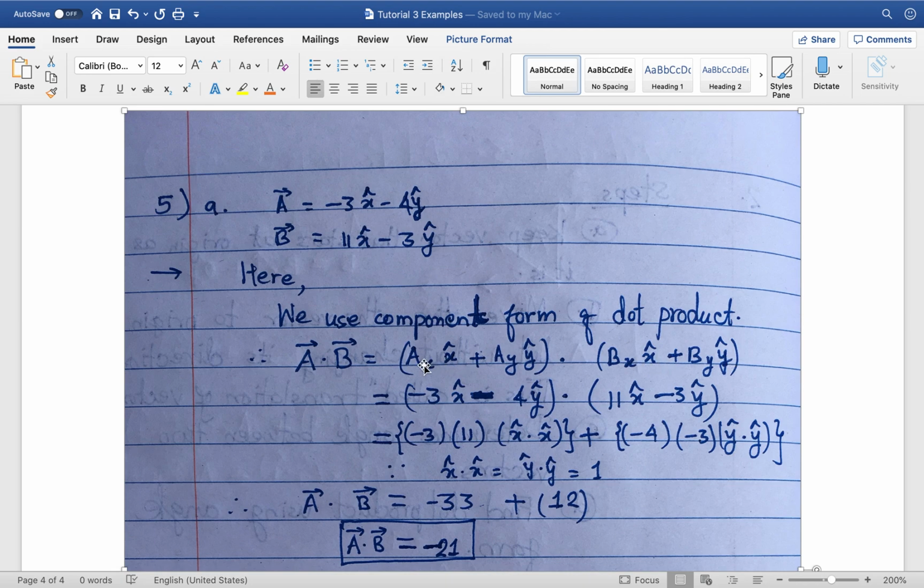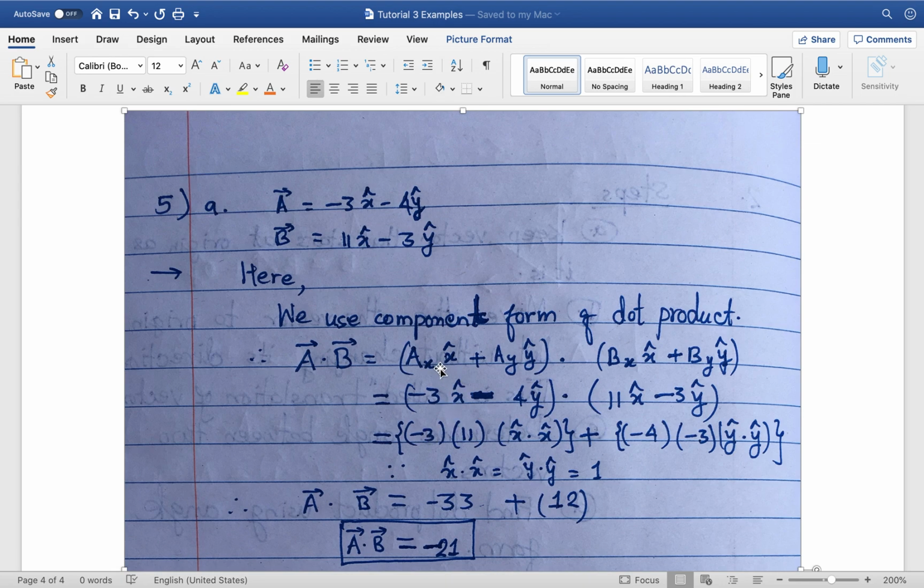Now when we substitute the values of Ax, Ay, Bx, By from this given scenario, we end up with this equation here, and now we just take the dot product, the way we explained at the beginning.